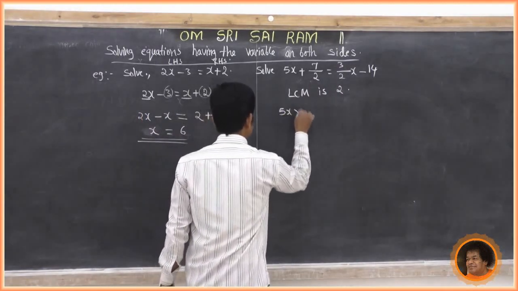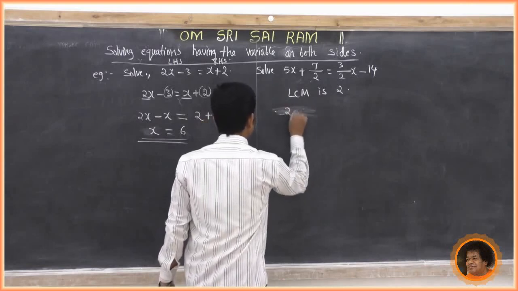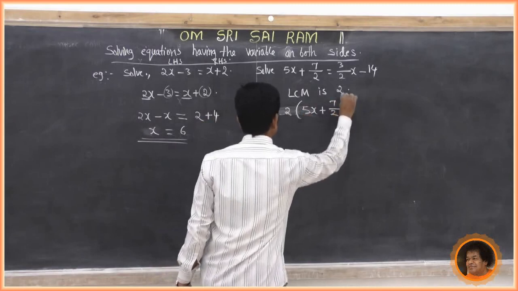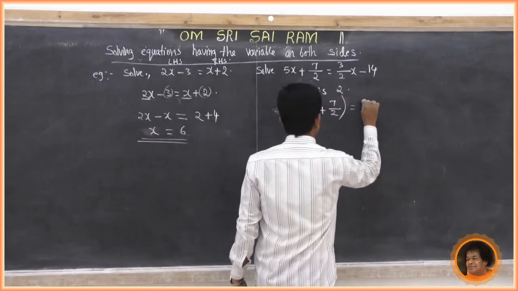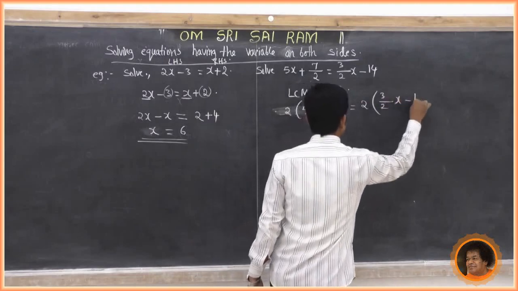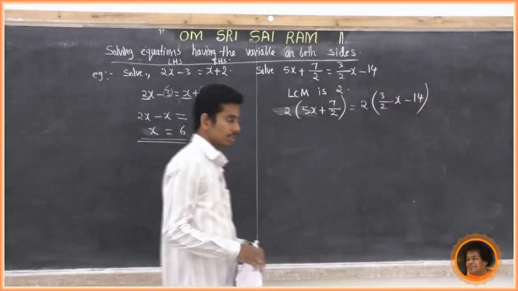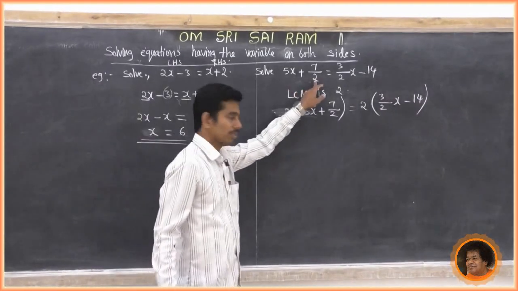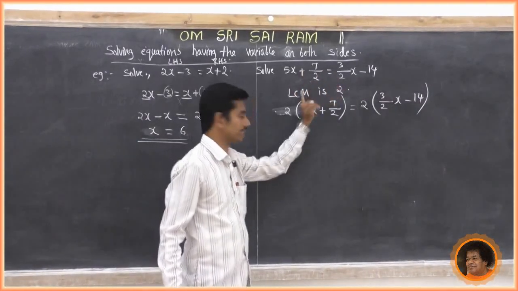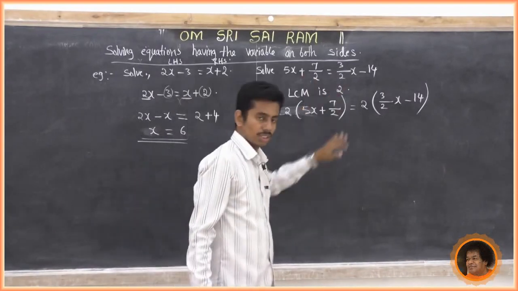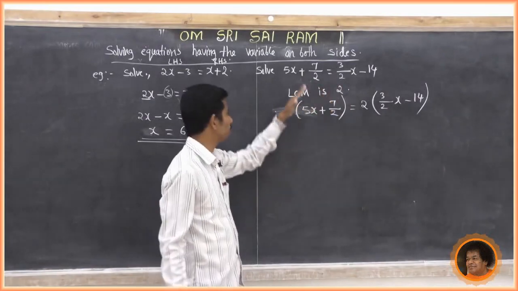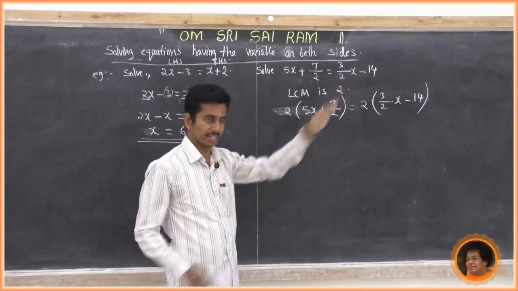It means 2 into (5x plus 7 by 2) equal to 2 into (3 by 2 x minus 14). Find the LCM of the fractions. The denominators contain 2 and 2. The LCM is 2. Now multiply this LCM into the left hand side and right hand side.